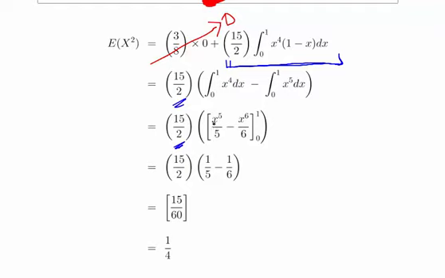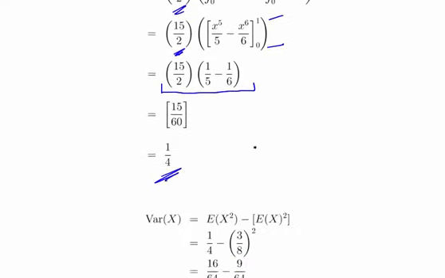When we integrate that, we get x to the power of 5 over 5 minus x to the power of 6 over 6, and our limits of integration are once again 1 and 0. This simplifies down to 15 over 2 times 1 over 5 minus 1 over 6, which is 1 over 30. So we end up with 15 over 60, which is a quarter, 1/4. So that's the expected value of x squared.